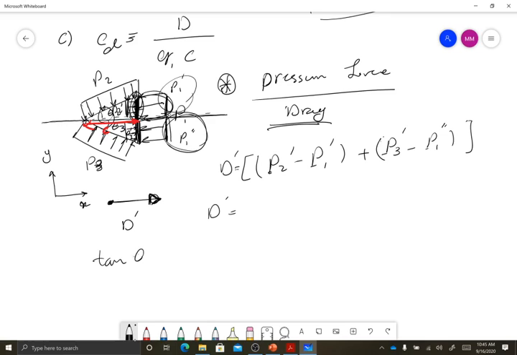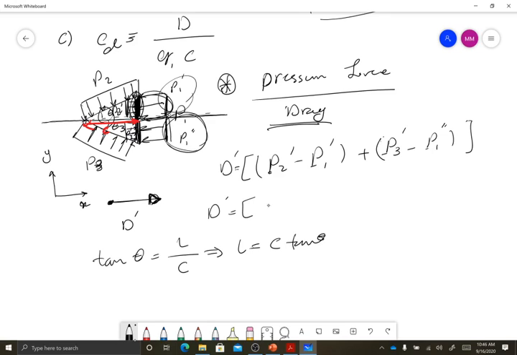If you recall from the tangent formula, it is going to be equal to this length, the length that you are interested in, divided by what? Let's call this L, divided by C, right? So the L that you are interested in is essentially equal to C tangent of theta.